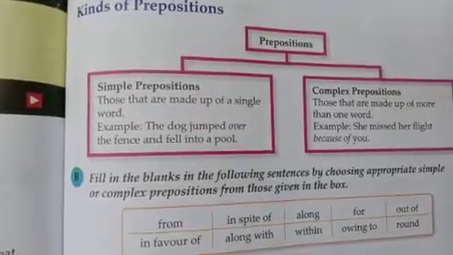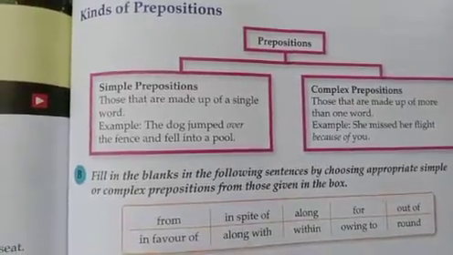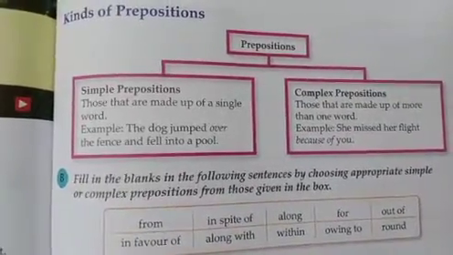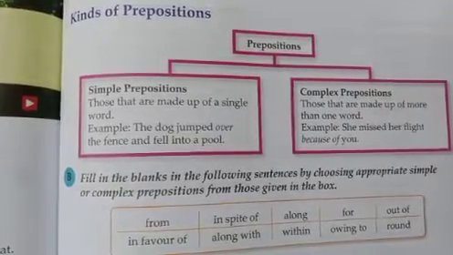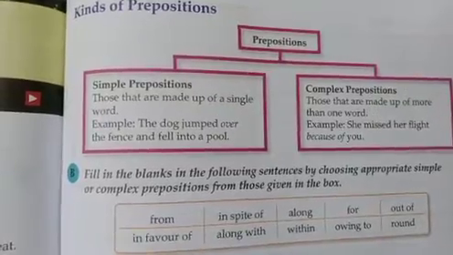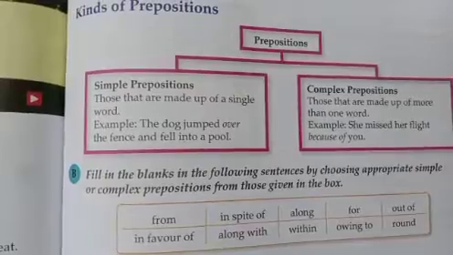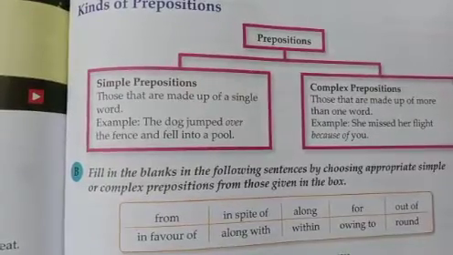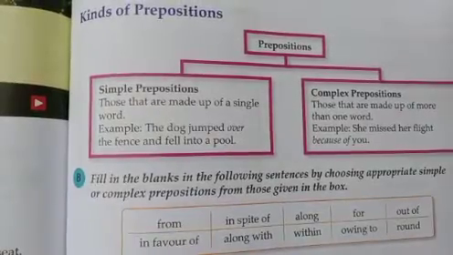They are simple prepositions. What is complex preposition? Complex. It's a very complex situation, we say, no? It's a bigger one. Those that are made up of more than one word. She missed her flight because of you. Because of. See, they are made up of more than one word.